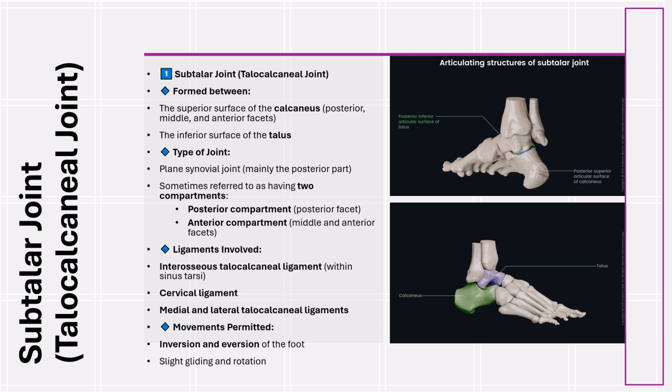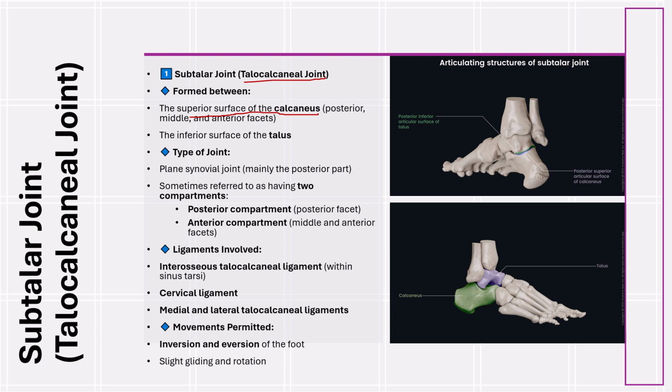The subtalar joint is formed between the talus and the superior surface of the calcaneus, which has three facets, as we discussed in our previous slides: the posterior, middle and anterior facets.